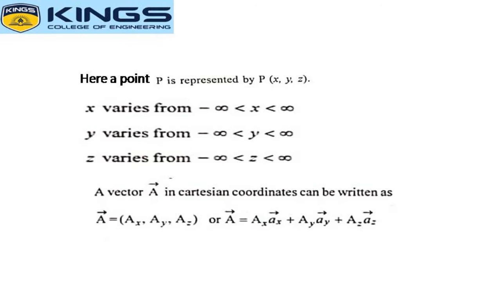A vector in a Cartesian coordinate system can be represented as A vector is equal to Ax ax vector plus Ay ay vector plus Az az vector, where Ax, Ay, Az are the magnitudes of the vector in x, y, z directions respectively. Similarly, ax vector, ay vector, az vector represent the unit vectors along x, y, z directions respectively.